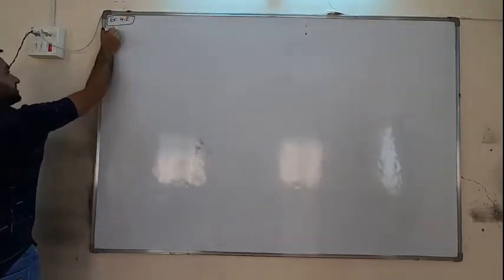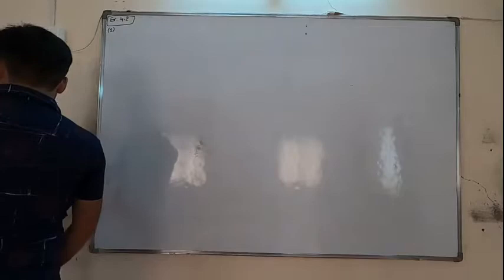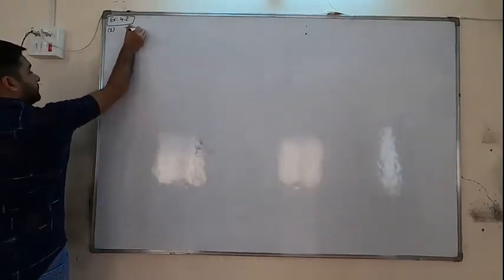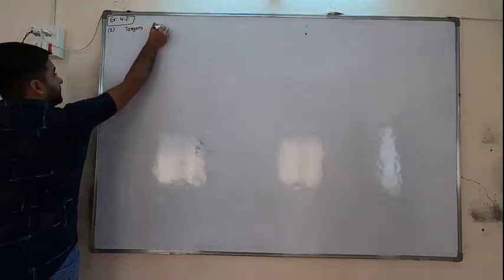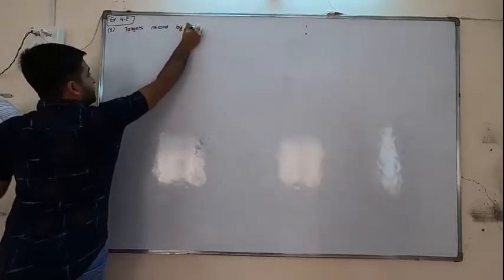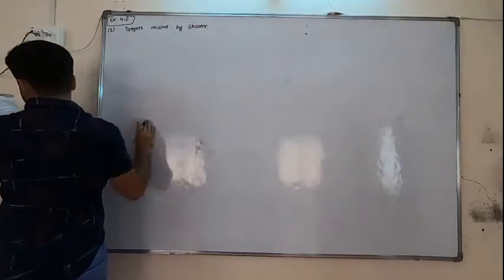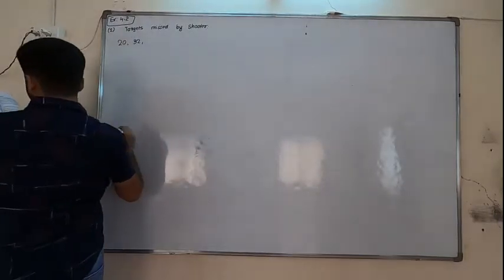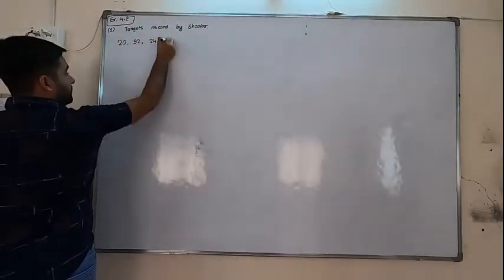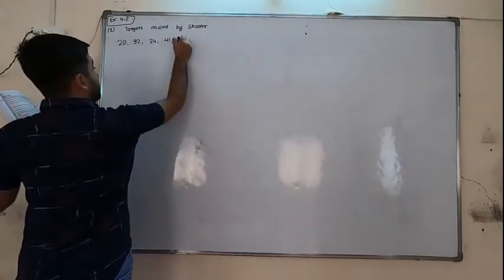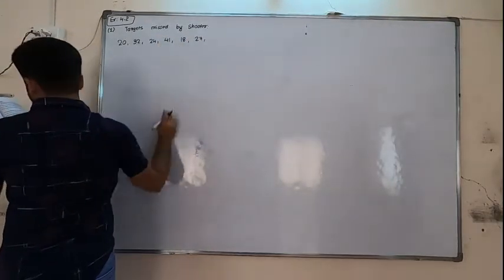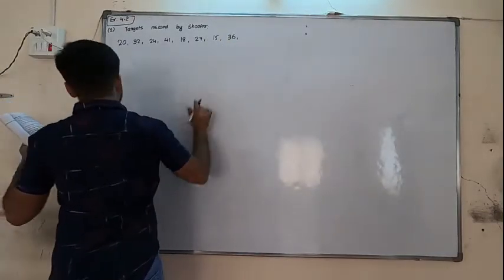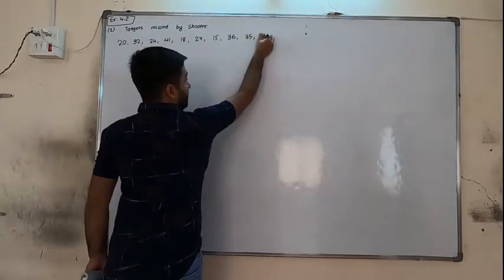So we are having the first sum. Targets missed by shooter: 20, 32, 24, 41, 18, 27, 15, 36, 35, 25.